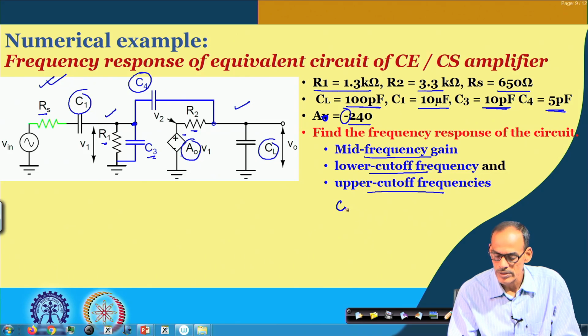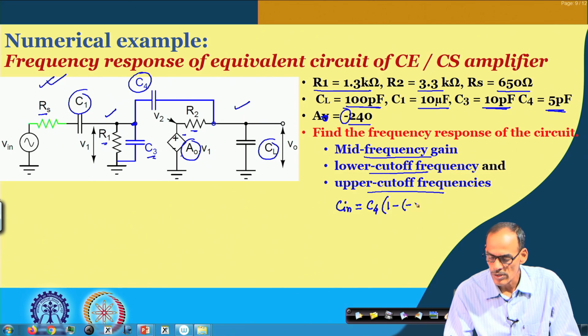So, to start with, let you calculate C in, and C in equals C 4 multiplied by 1 minus A naught, that is minus 240, then plus C 3. So, we do have 5 here multiplied by 241 plus 10.